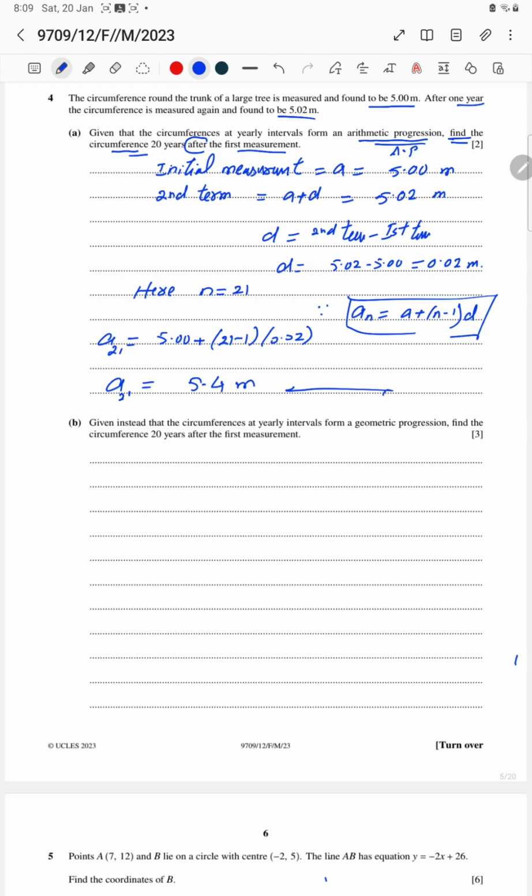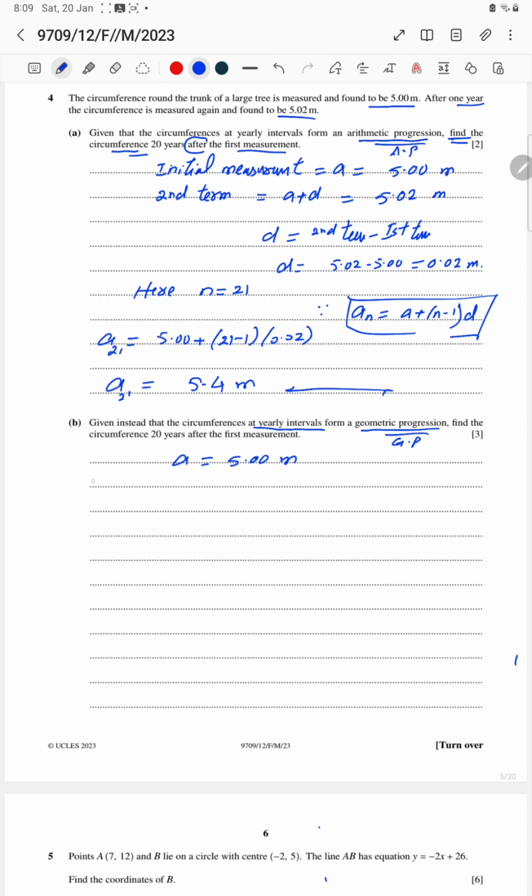Okay guys, now for part B, it is given instead that the circumference at yearly intervals form a GP. This is a case study for geometric progression. Find the circumference. The first term will remain the first term, that is 5.00 meter.